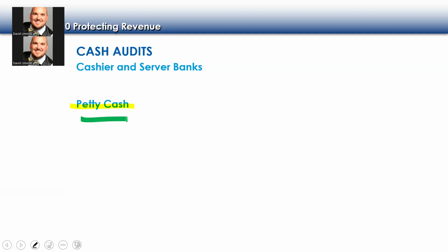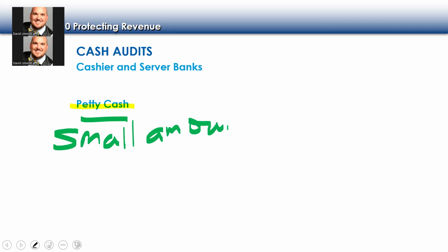Petty cash. Okay. What does it sound like? Small amounts of cash. Exactly. It is a small amount of cash.